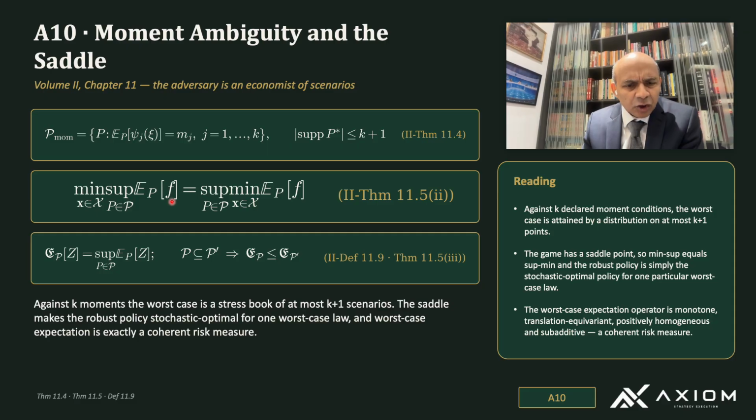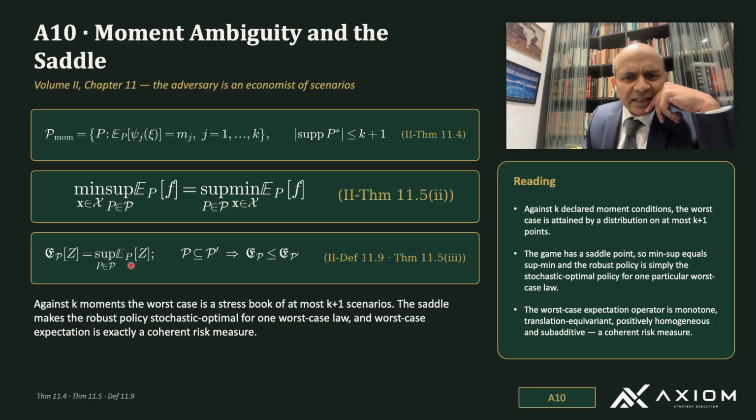And finally, monotonicity of robust risk. This defines the worst case expectation over an ambiguity set. If the ambiguity set becomes larger, the worst case value can only increase.